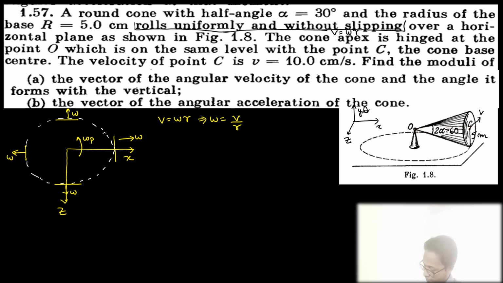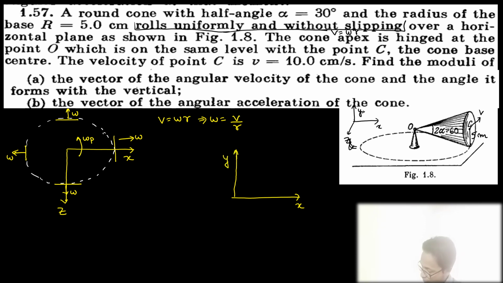Now what I'm trying to do is see the same diagram from the z-axis. That means I'm drawing the XY plane. So if I draw the X and Y axes, how would the cone look?